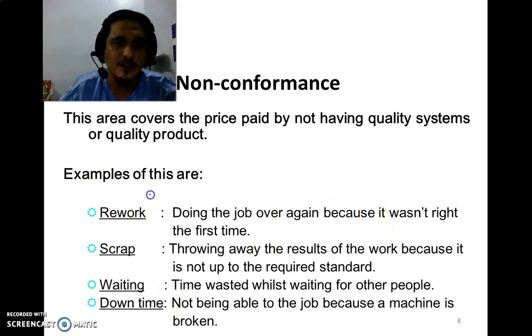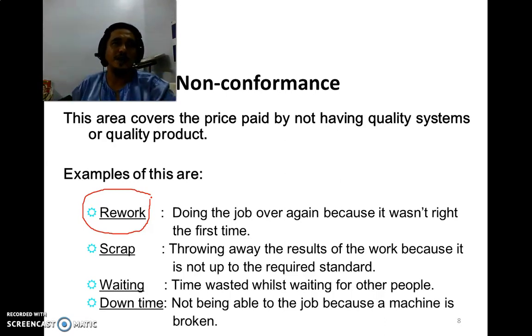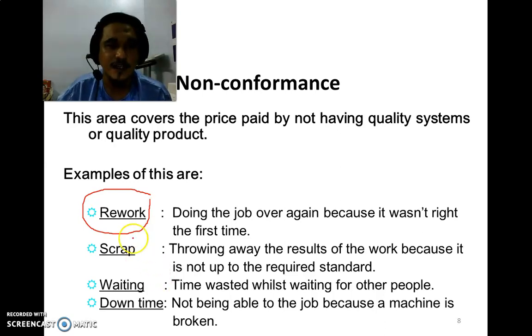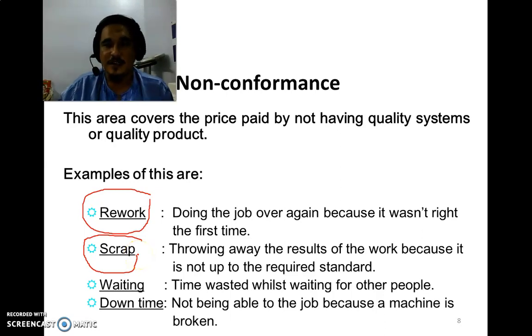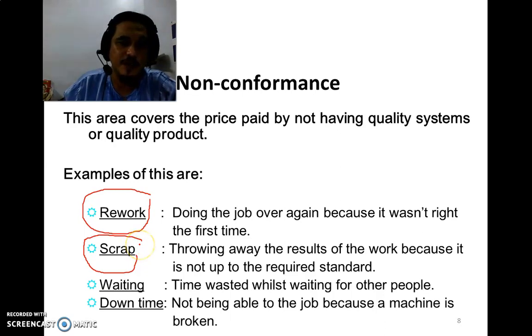Then non-conforming costs can be divided into two categories, internal or external. This includes rework. If we do rework, that means we need extra time, extra manpower, and we need to pay overtime. Then scrap. When our product cannot be sold to the customer, we cannot get the money, so we need to scrap everything.